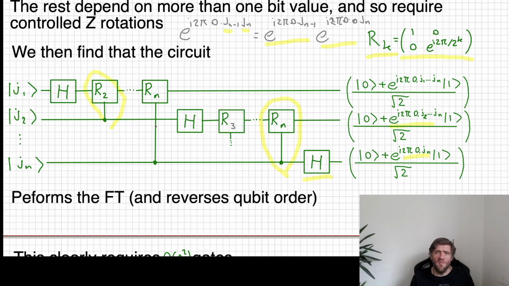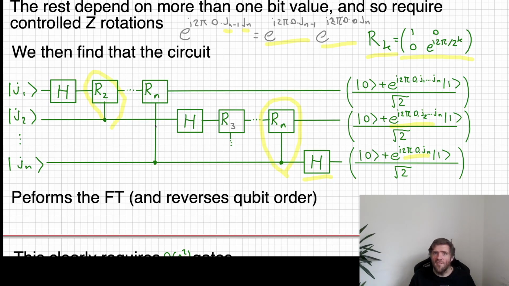So this performs the Fourier transform, although it should be noted it also reverses the order, because the qubit that has its phase depending entirely on the parity bit, the J0 bit, the JN bit, is the one that will originally be on the far right, but the Fourier transform version is on the far left.